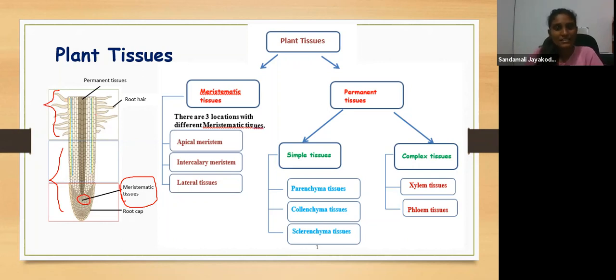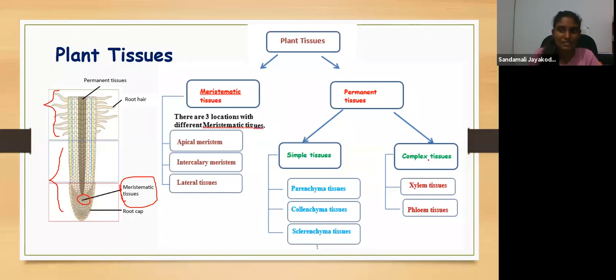These meristematic tissues are again divided into three main groups: apical meristem, intercalary meristem, and lateral meristem. The permanent tissues are divided into two main groups: simple tissues and complex tissues. Simple tissues are divided into three groups: parenchyma, collenchyma, and sclerenchyma.